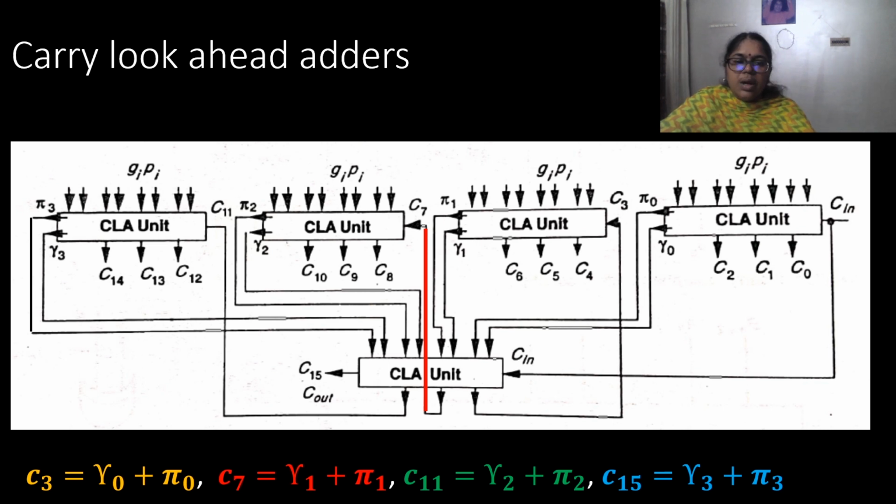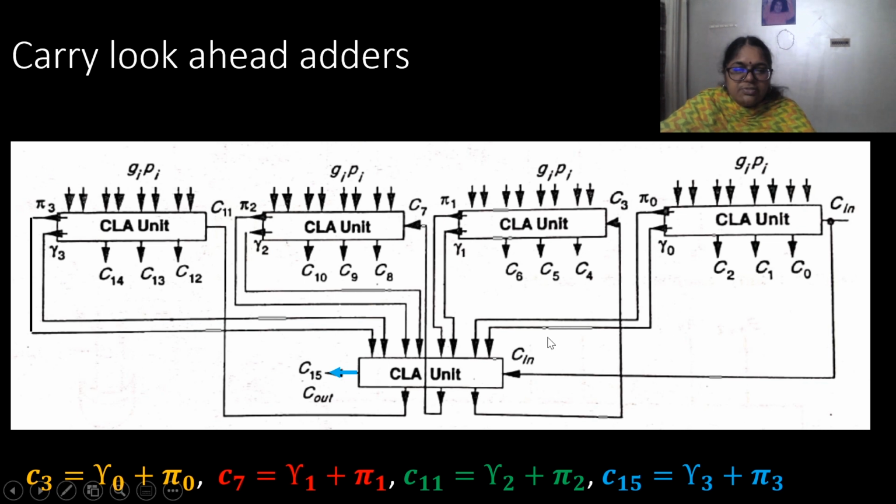C7 is equal to P1 plus G1. Similarly, P2 and G2 are given as inputs to the CLA block, and C11 is generated. C11 is equal to G2 plus P2. And finally, P3 and G3 generated by the 4th carry look ahead unit are given as the input to the 5th CLA unit, and C15 is generated, where C15 is equal to G3 plus P3.